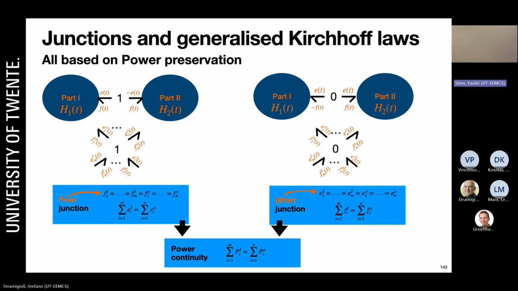It's just a convention of the positive direction of power. The power can go in both directions. Okay, because I thought the point was that the one junction and the zero junction couldn't add or remove power. And they don't. The orientation of the power bond is just what you call positive power.